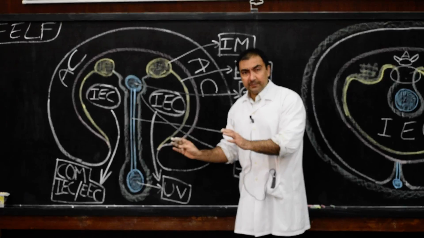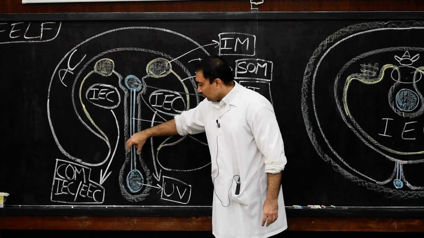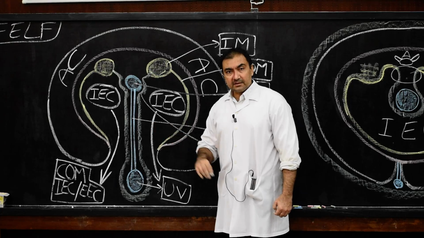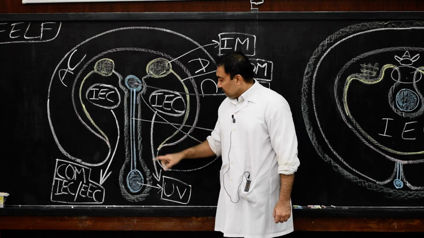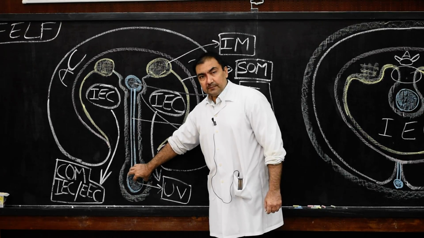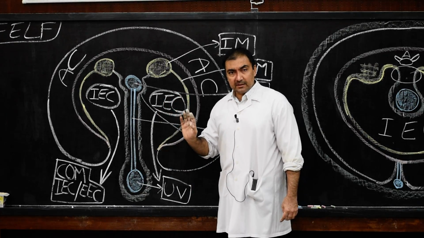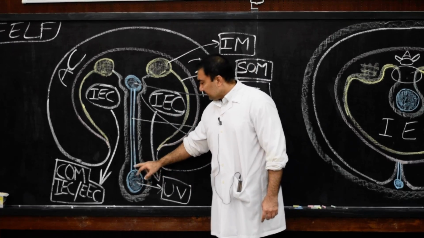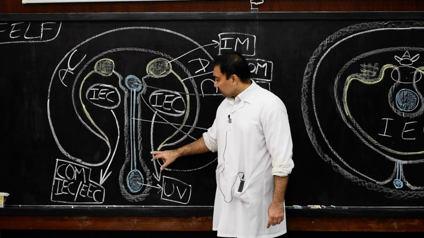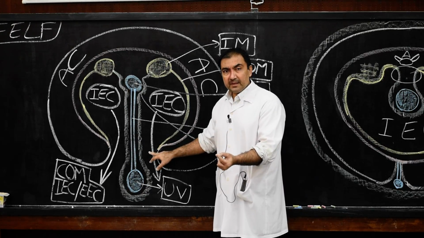That means this will remain between 5th week till 10th week. So between 5th and 10th week there will be communication on either side of the vitello-intestinal duct. Although the entire umbilical vesicle and the vitello-intestinal duct will disappear early, this communication will persist for some amount of time, that is between 5th week till 10th week.